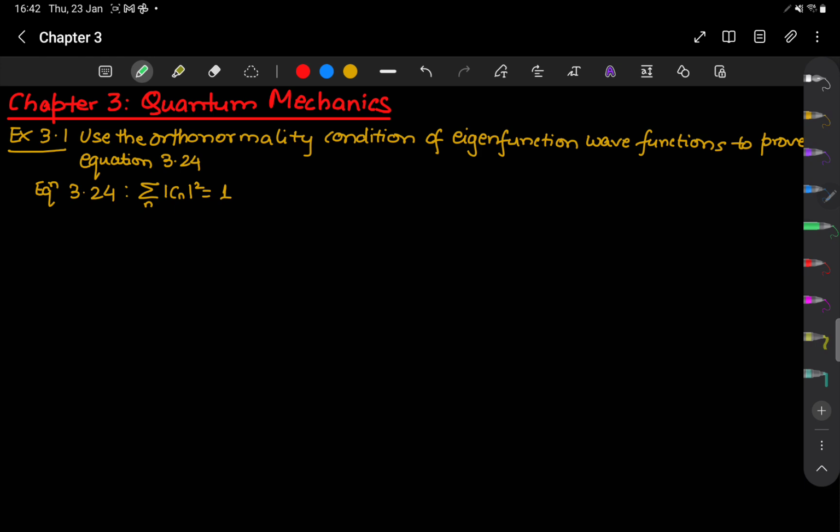For that, we need to look at the Schrodinger equation. So I'll write down the Schrodinger equation. So the Schrodinger equation is given as follows.